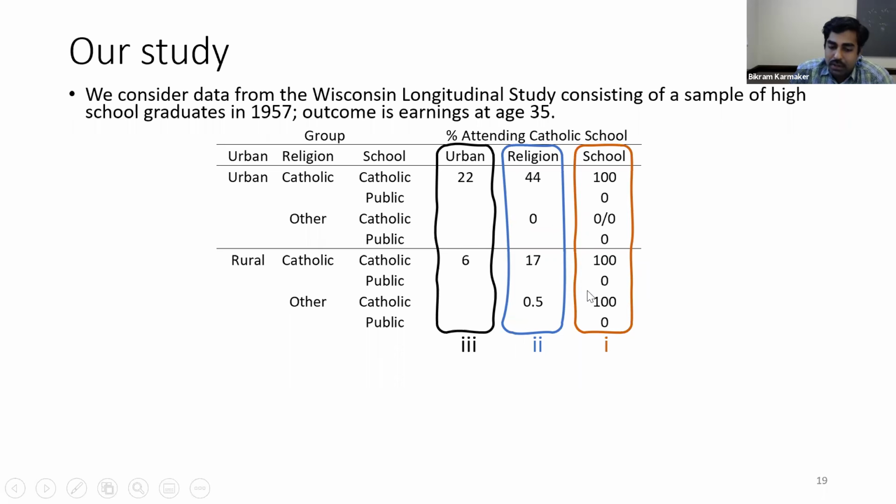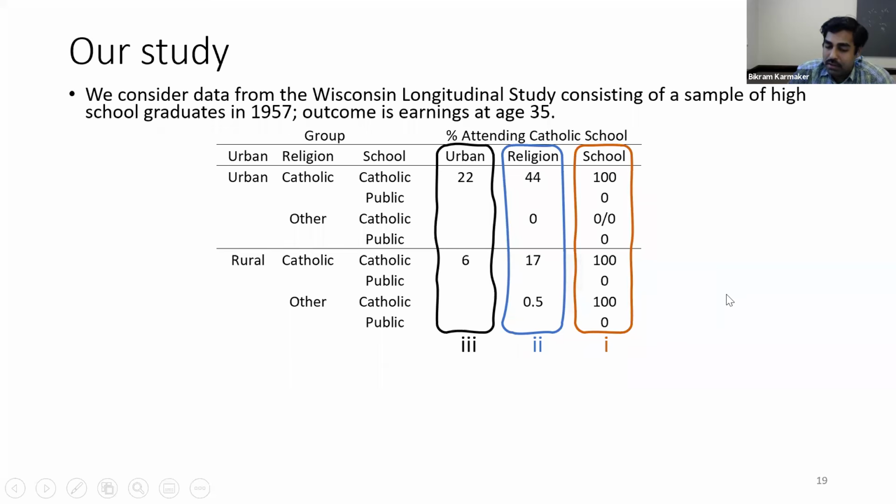So that's the first comparison that stratifies on religion and urban. The second comparison is on religion, comparing Catholics and non-Catholics within the urban areas and within the rural areas. The third comparison is between urban and rural.